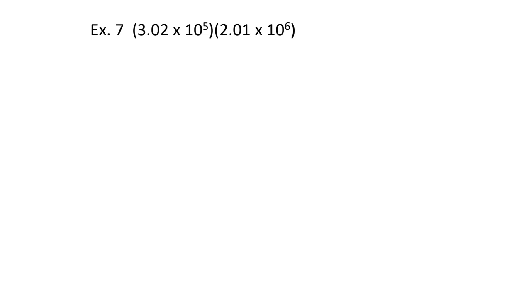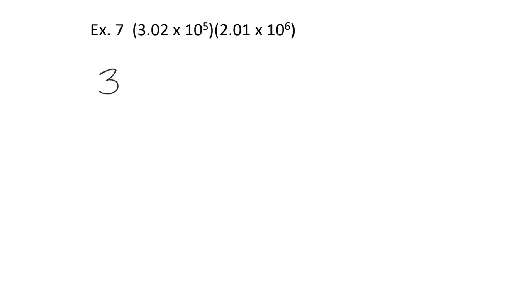Now, the good thing is with times, when you're timesing everything, it doesn't matter. You can put in the calculator 3.02 times 10 caret 5 times 2.01 times 10 caret 6. It's all times, so you don't have to worry about PEMDAS. It just goes along and times everything, and you'll get the right answer. But that's a lot of things to put into the calculator. I prefer using the EE button.